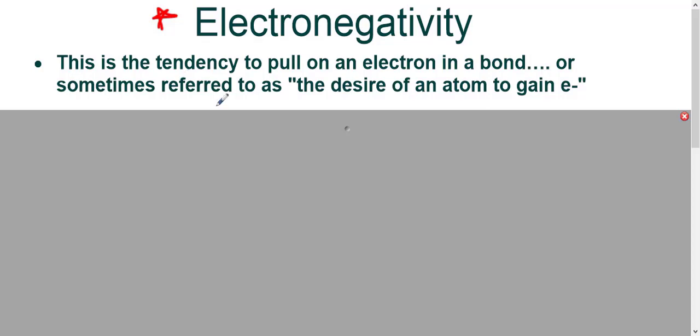How badly does an atom want to gain electrons? The more the desire, the higher the electronegativity. Okay, so this is kind of the opposite of ionization energy, because ionization energy is how much energy it takes to remove an electron. This is how much an atom wants to gain electrons.